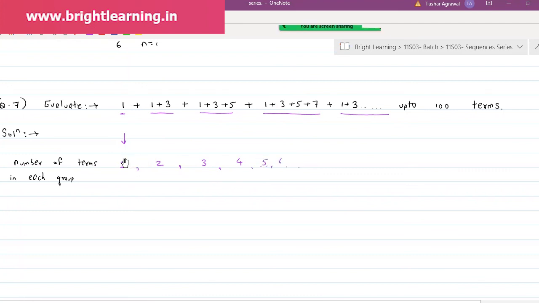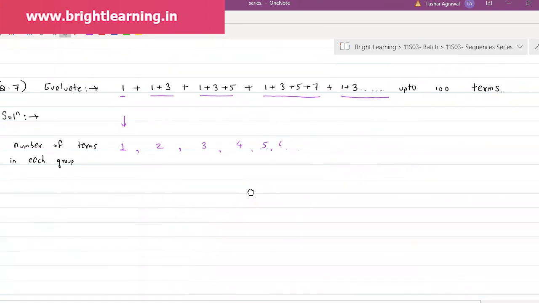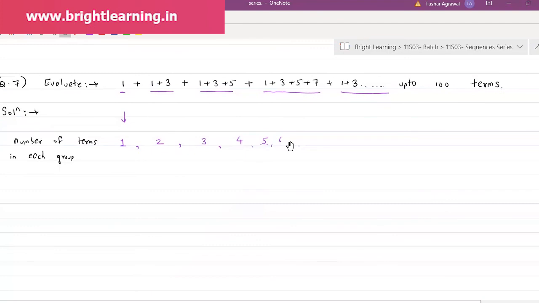In this 1 plus 2 plus 3 plus 4 plus 5, the addition is the number of terms. The first group contributes 1 term, the second 2 terms, the third 3 terms, the fourth 4 terms, and so on.